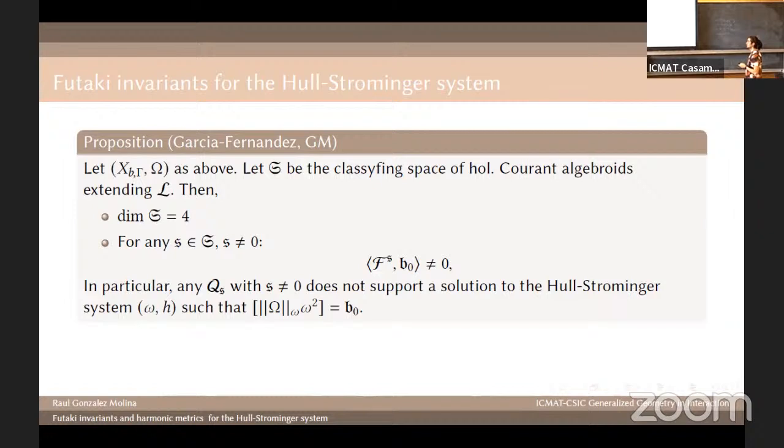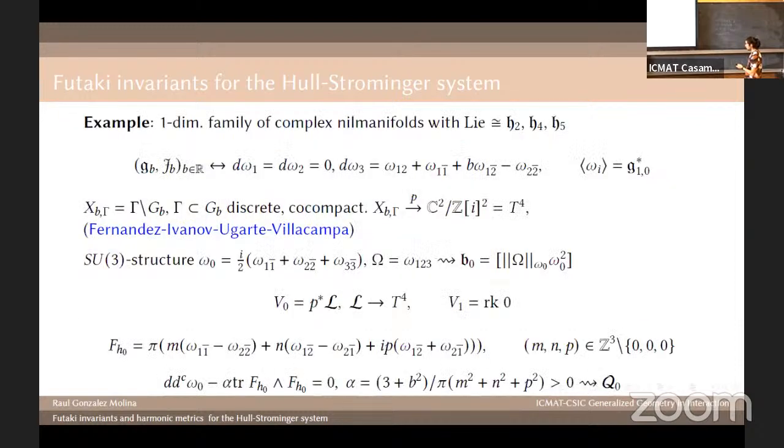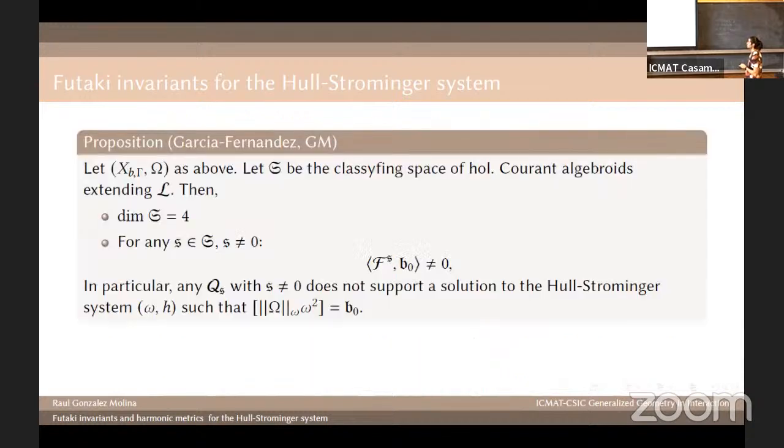Yes, so this invariant is non-zero, and as a consequence, we know that for any other current algebroid that is not the one produced by this solution, then this does not support a solution to the Hull-Strominger system in the standard balanced class.